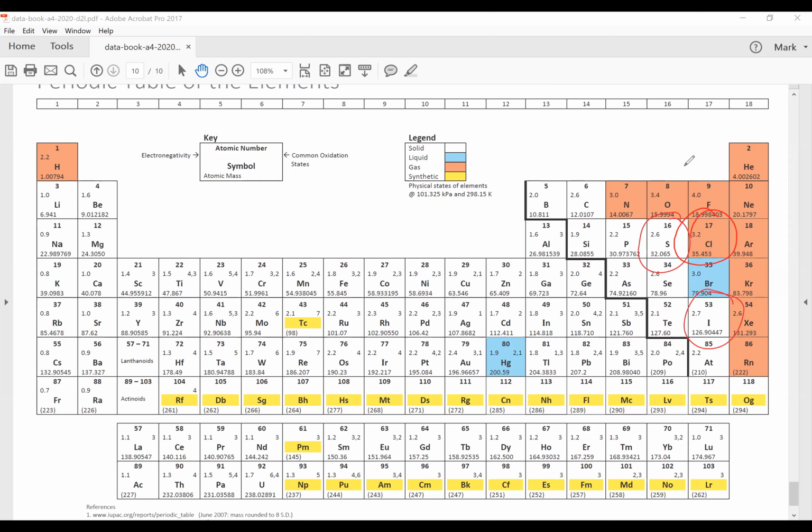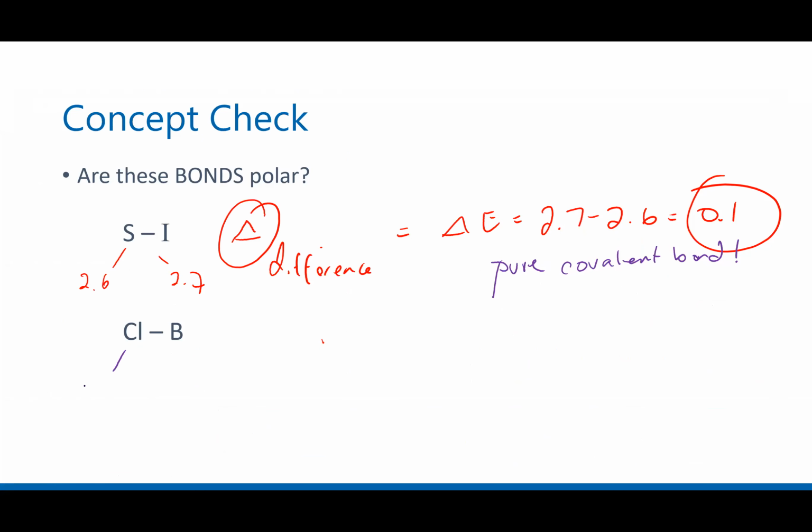So Cl and Br, we're looking at 3.2 and 2.0.